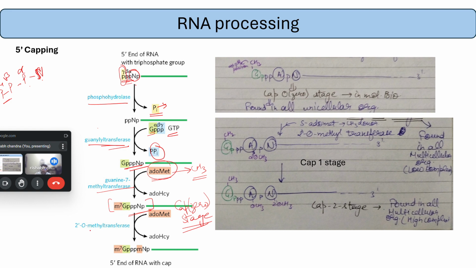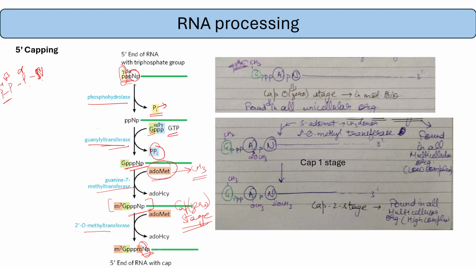Now we have the 2 prime O methyl transferase. Now this methyl group is added to the phosphate group of the first base.